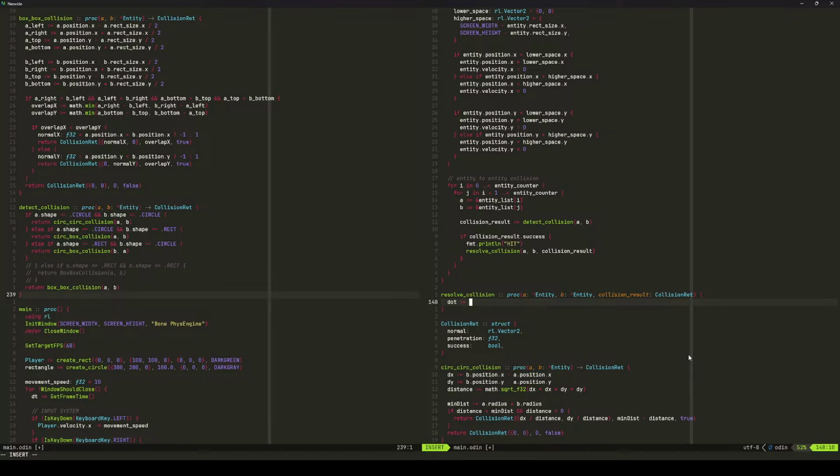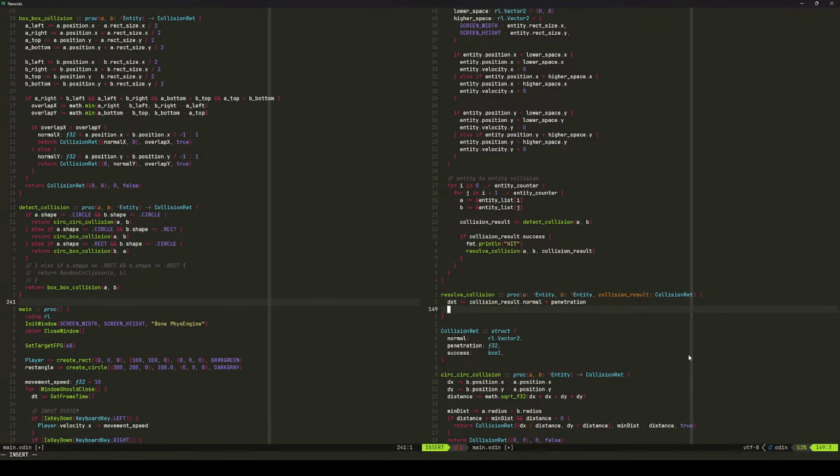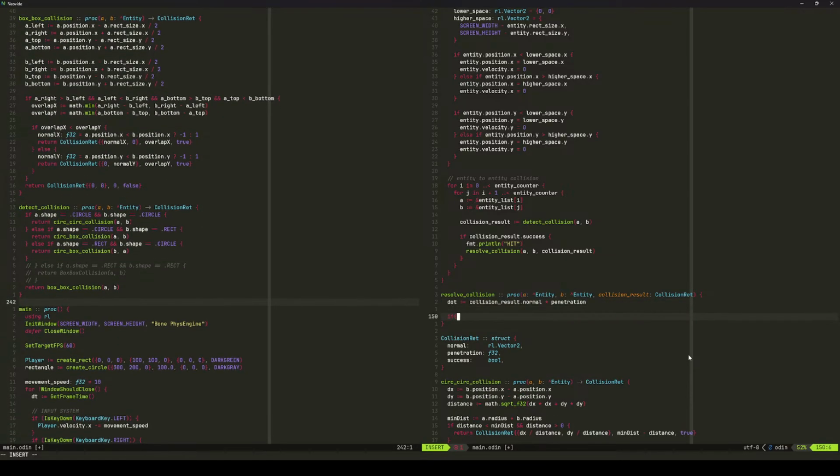It was something like collision result dot, what was it? Oh, it's just there. Collision dot normal times, I think, penetration, or was it wrong? And then if dot is less than, wait, I'm confused.